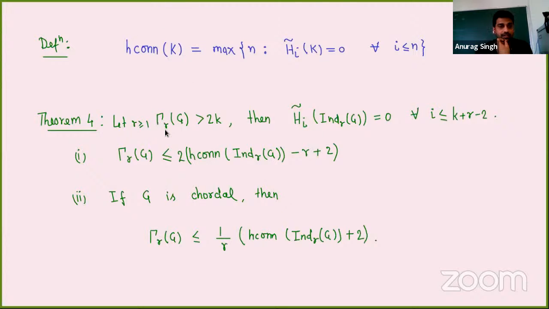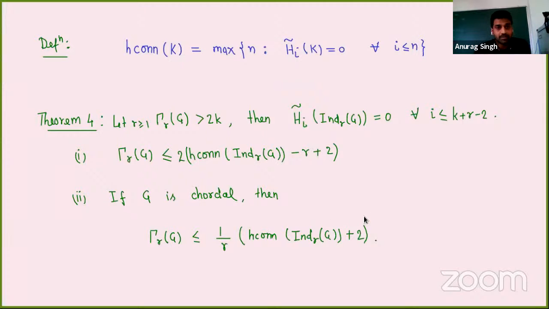The first thing in this direction is the following: the distance-r domination number of any graph is bounded above by this quantity. This quantity is the homological connectivity of the r-independence complex minus r plus 2. And when you restrict yourself to chordal graphs, there is an improved bound, and the bound is the following.